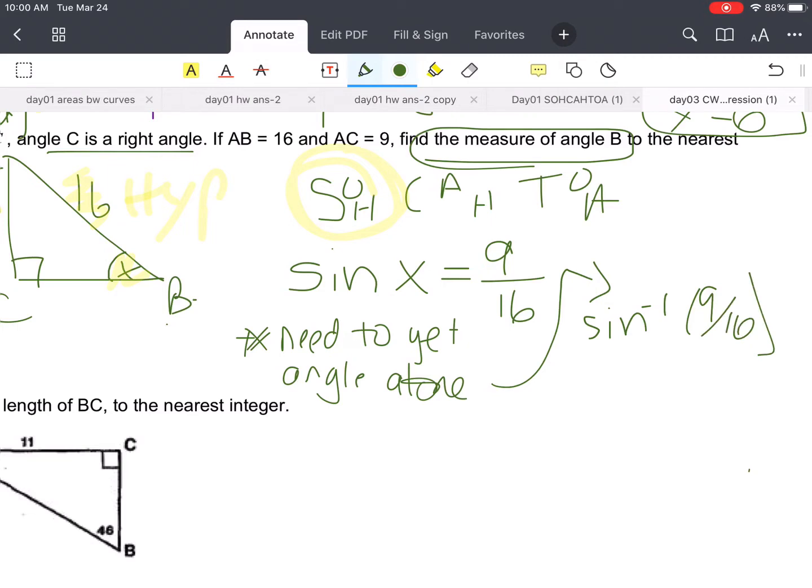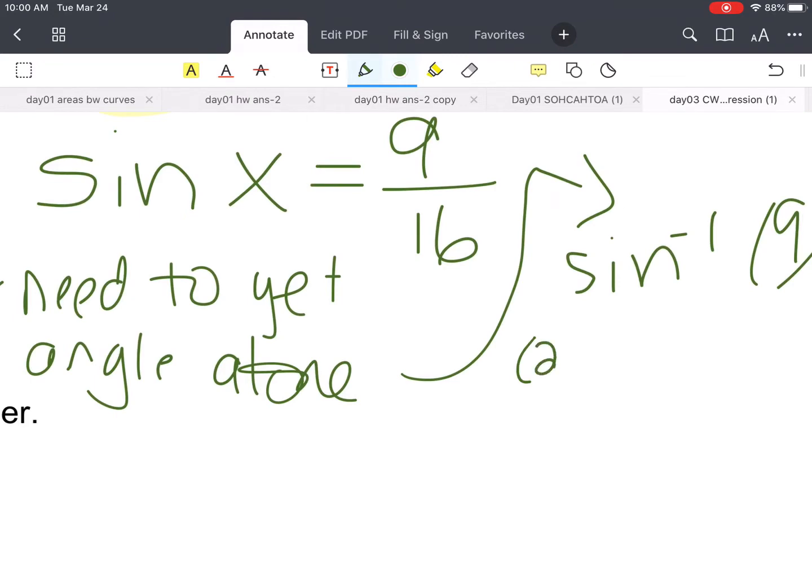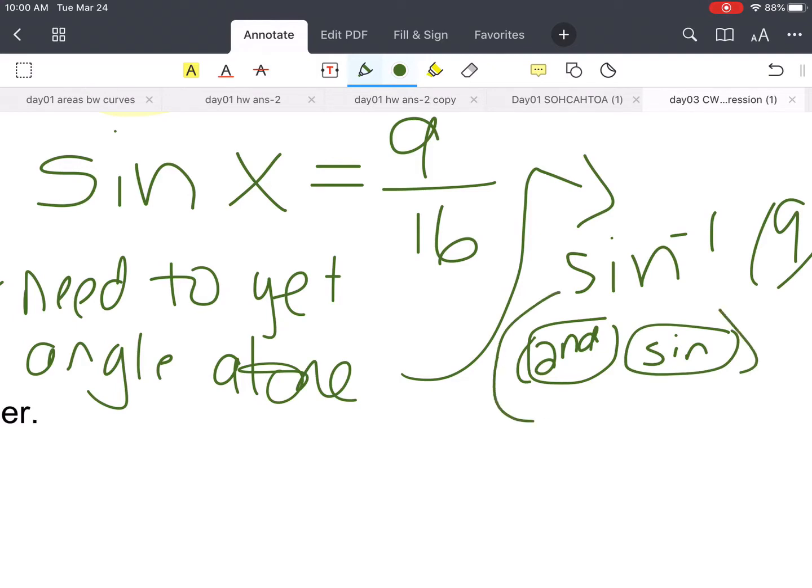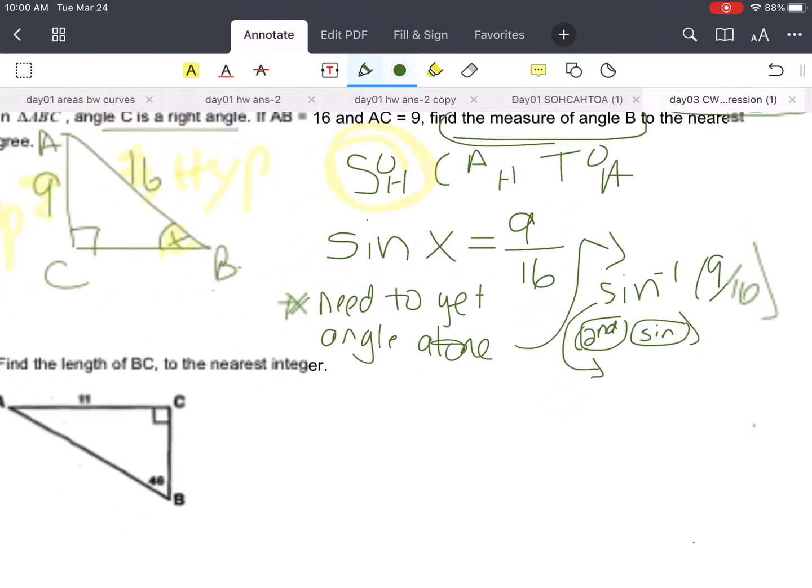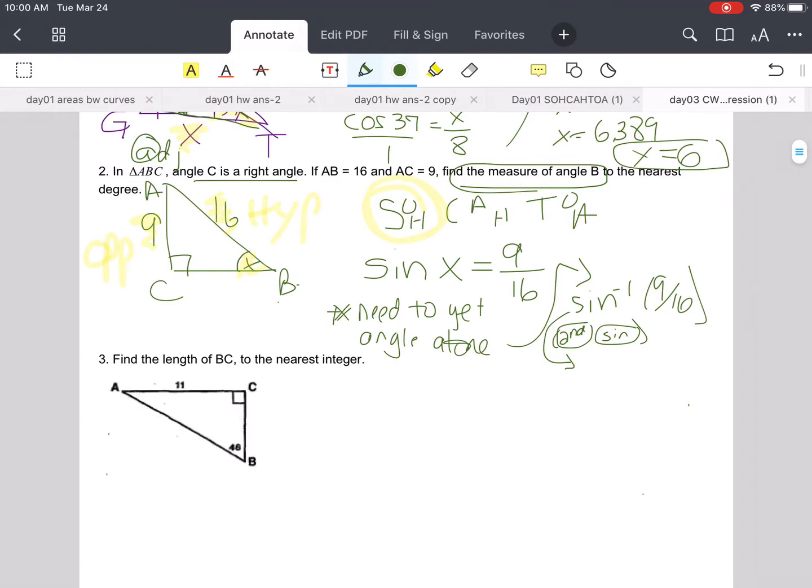When you do sine inverse, that's like second sine in your calculator. So I go in my calculator and I press the second button and I press the sine button, and that's how I will find that. So that will be second sine of 9 divided by 16, which is 34 degrees.